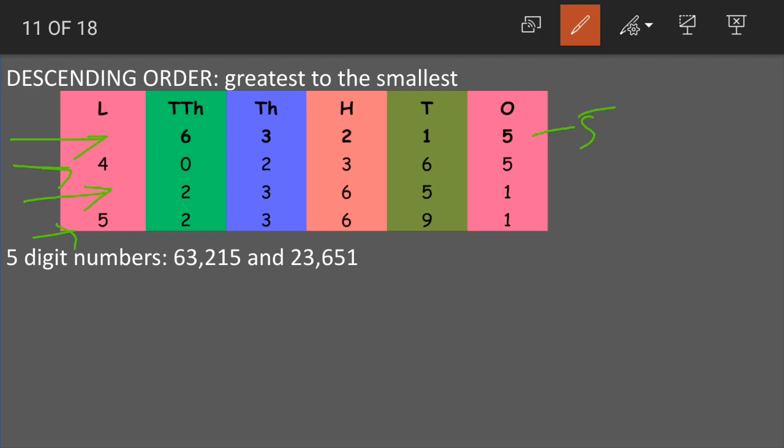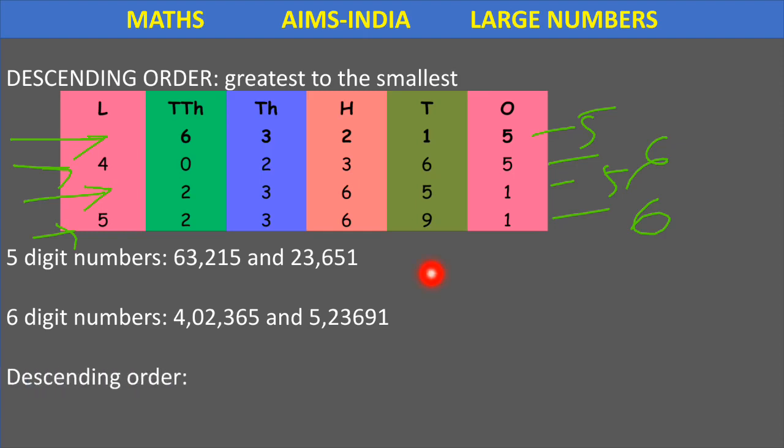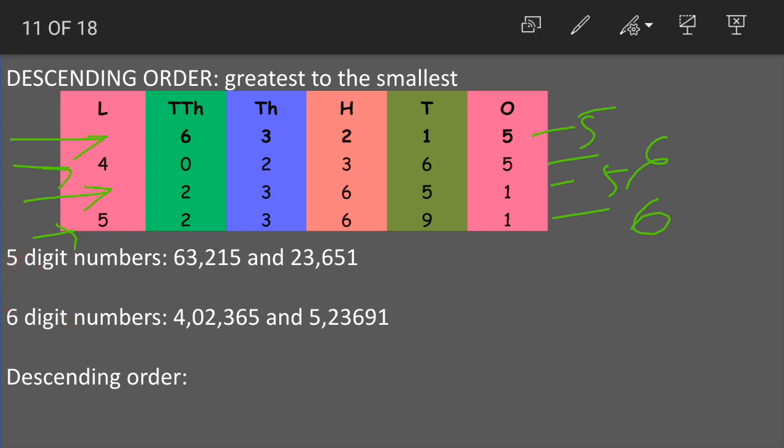We are having two 5-digit numbers and two 6-digit numbers, right? Now as we are writing the descending order, which numbers are greater, 6-digit or 5-digit? 6-digit numbers are greater than 5-digit numbers.